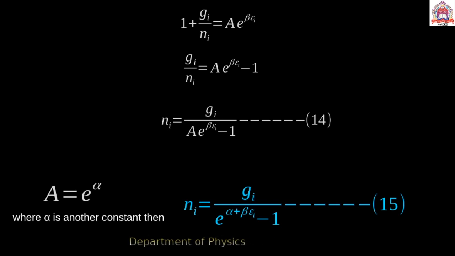That is, the energy density is nothing but the number of energy levels per unit interval of energy. Thus the number of particles in this energy interval is n(epsilon) d epsilon is equal to g(epsilon) d epsilon divided by (A e^(beta epsilon) minus 1). So this is the Bose-Einstein statistics.